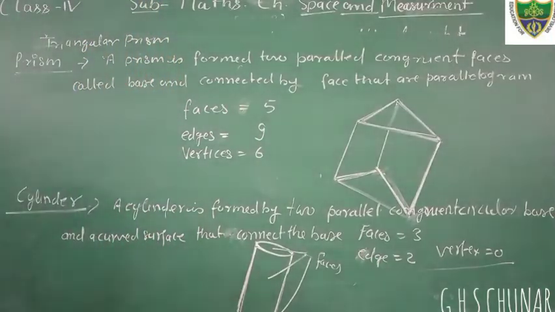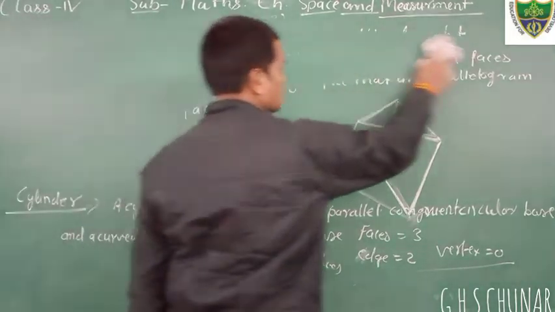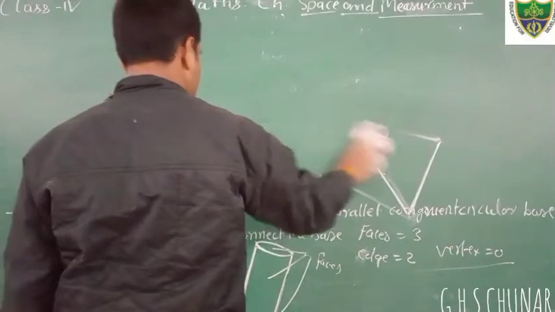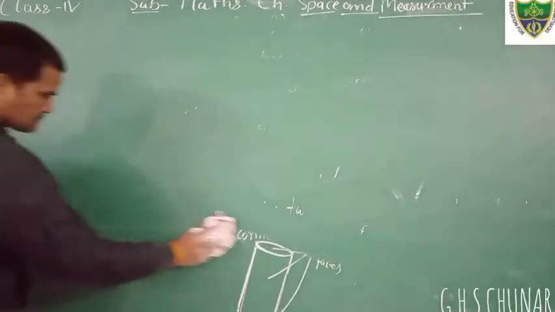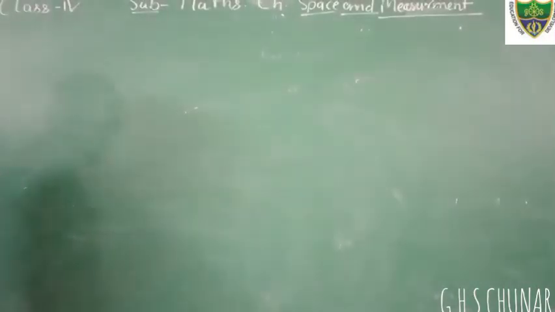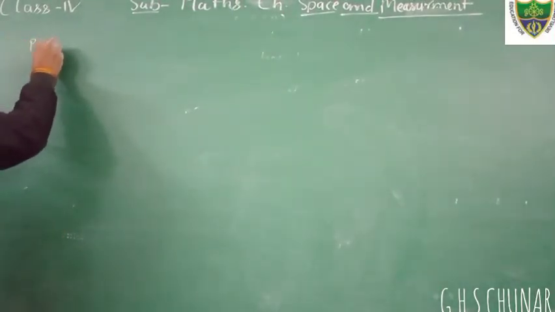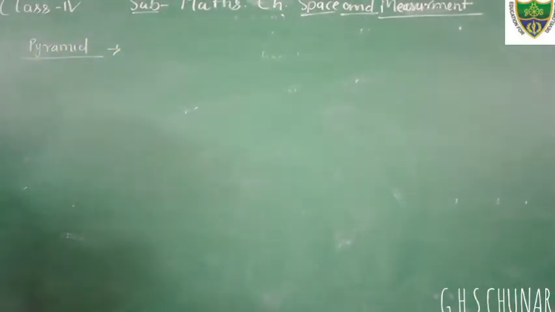Okay. Now we come on next, one more, the pyramid. A pyramid is formed by a polygonal base and triangular faces that meet at a common vertex.